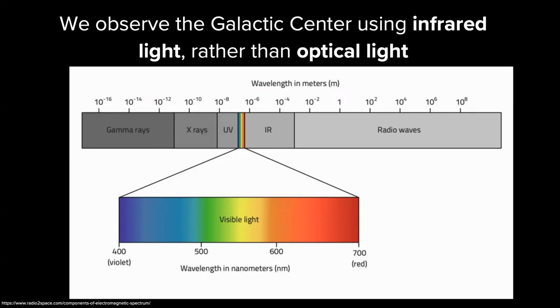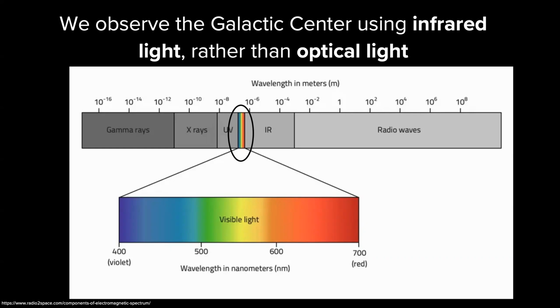So it turns out that objects can emit light across a wide range of energies, which we call the electromagnetic spectrum. Here is a diagram of the electromagnetic spectrum. Optical light, which is what we can see with our eyes, is only one small portion of the electromagnetic spectrum. However, you've probably come across light from other parts of the electromagnetic spectrum without even realizing it.